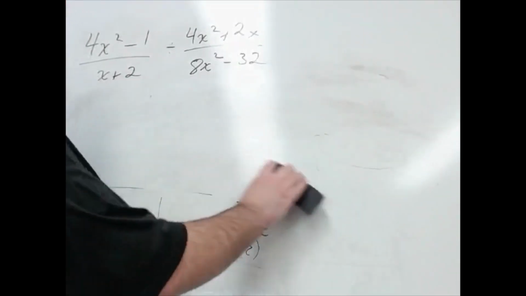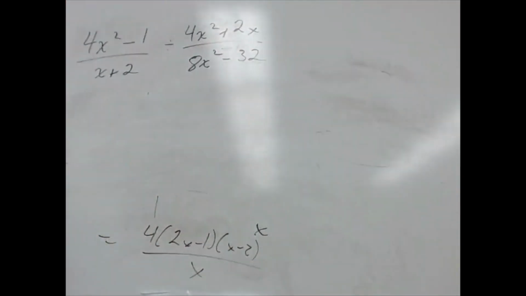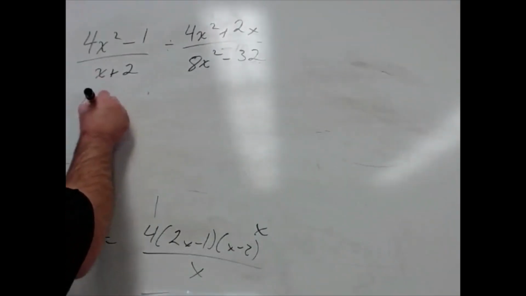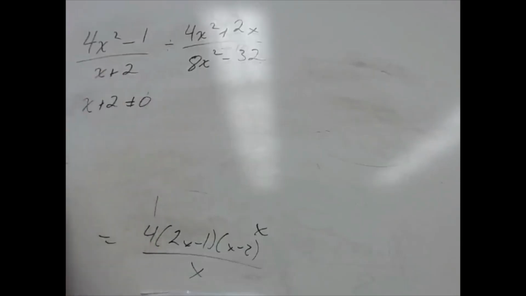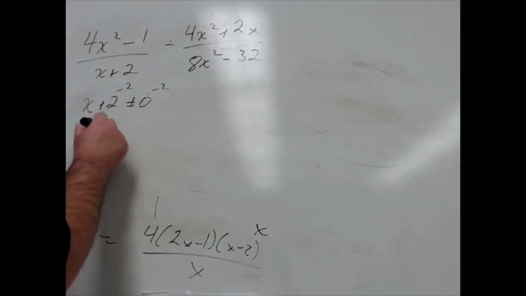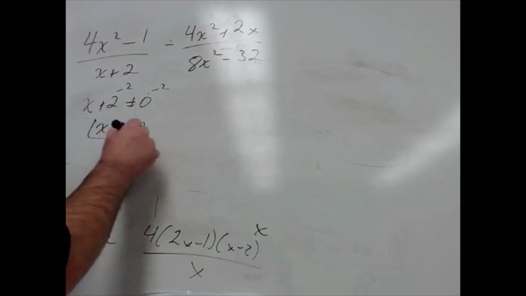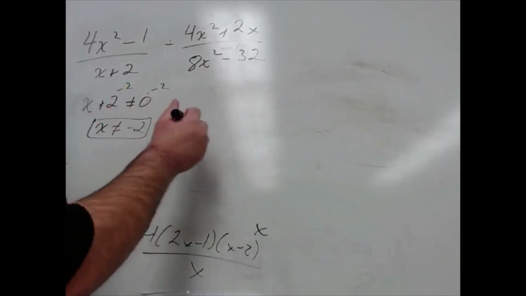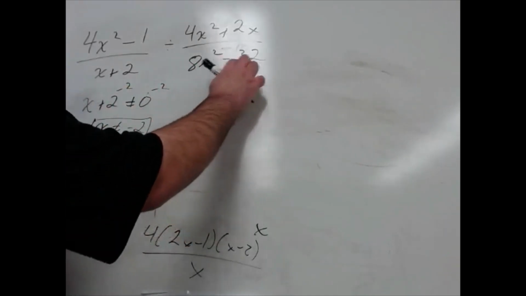So to find the non-permissible values, the first denominator here is x plus 2. So x plus 2 cannot equal 0. I can find out the non-permissible here just by subtracting 2 from both sides to give me x cannot equal negative 2. Next denominator is right here. It's 8x squared minus 32.